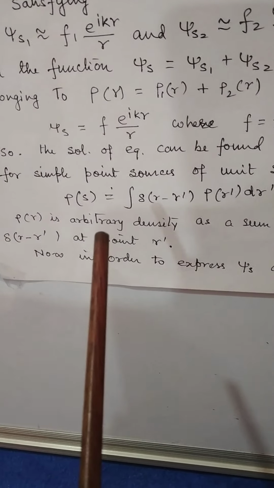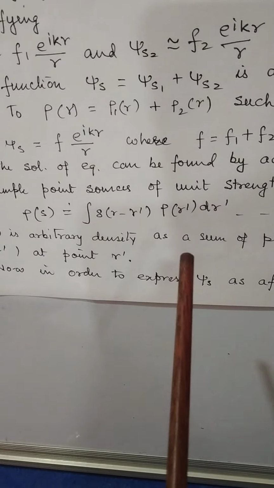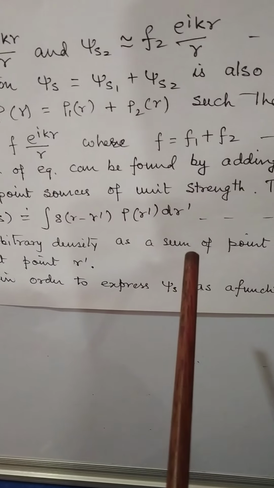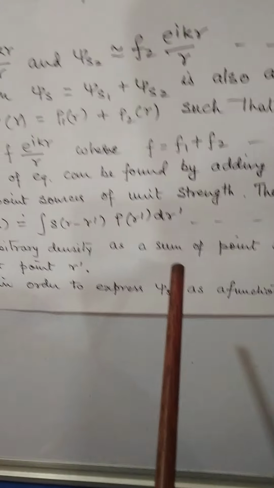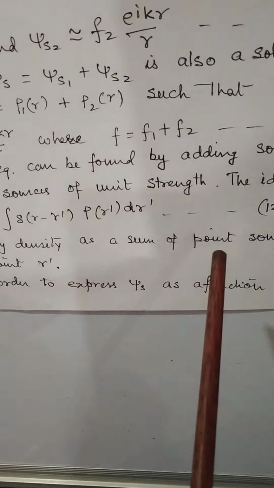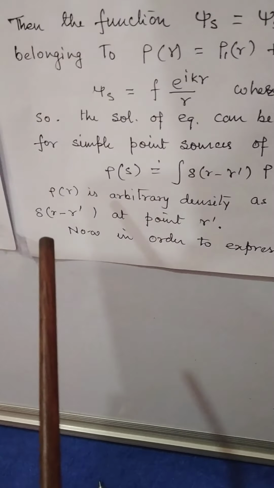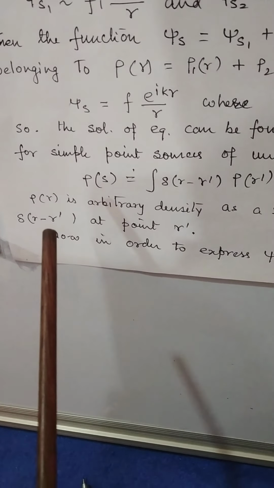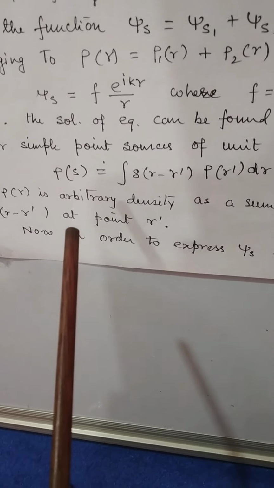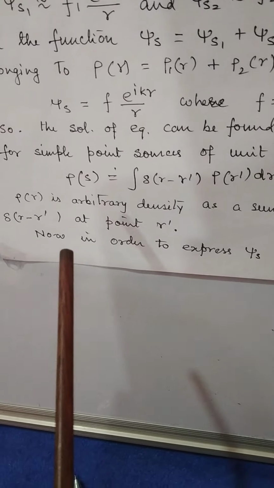Now rho of r is an arbitrary density, as a sum of point sources, with delta function of r minus r dash at point r dash.